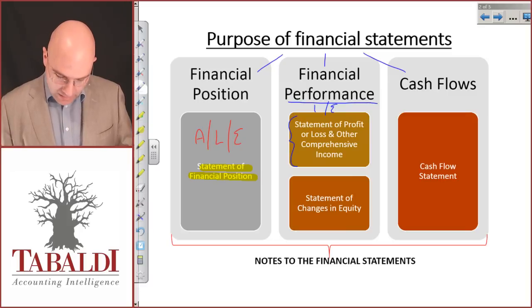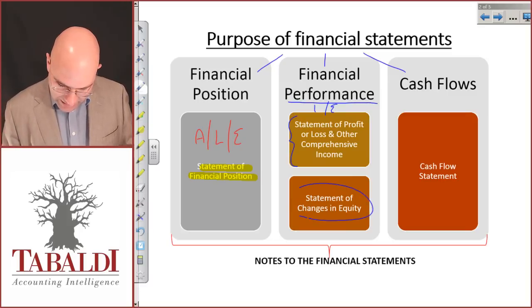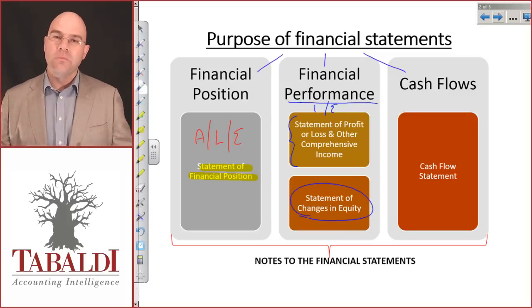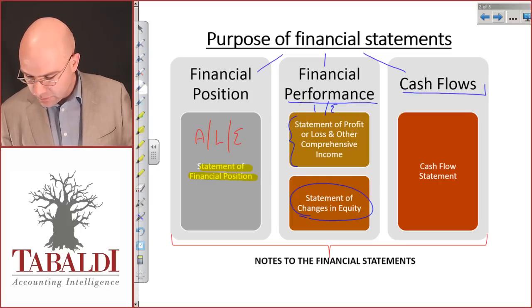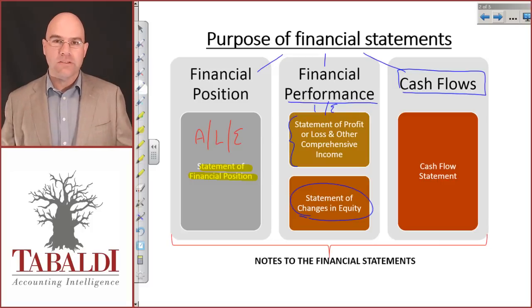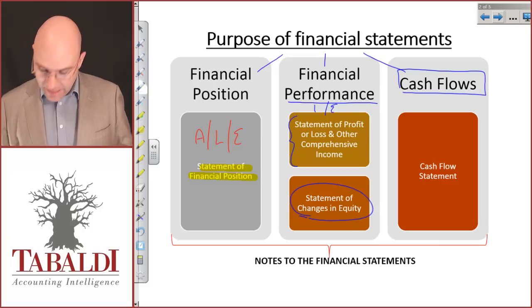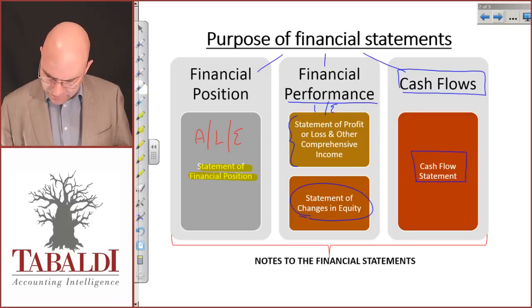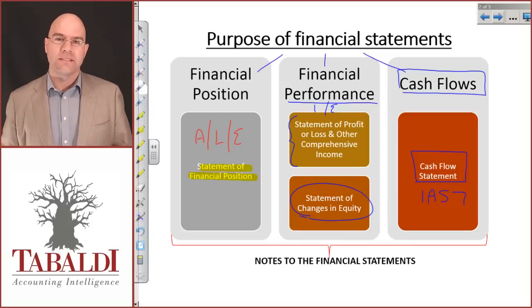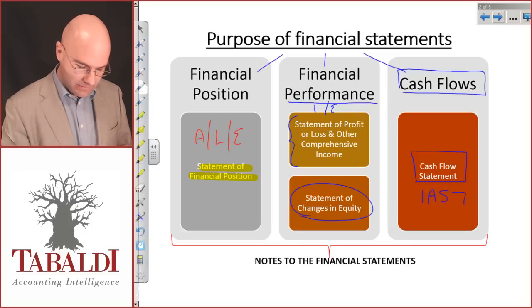Attached to that is also going to be your statement of changes in equity, which will be the movement in equity for the year. Last but definitely not least, we also need to provide information about cash flows, and related to that will be our cash flow statement. I'm not going to discuss that much further here because that is all going to be covered in its own accounting standard, IAS 7.